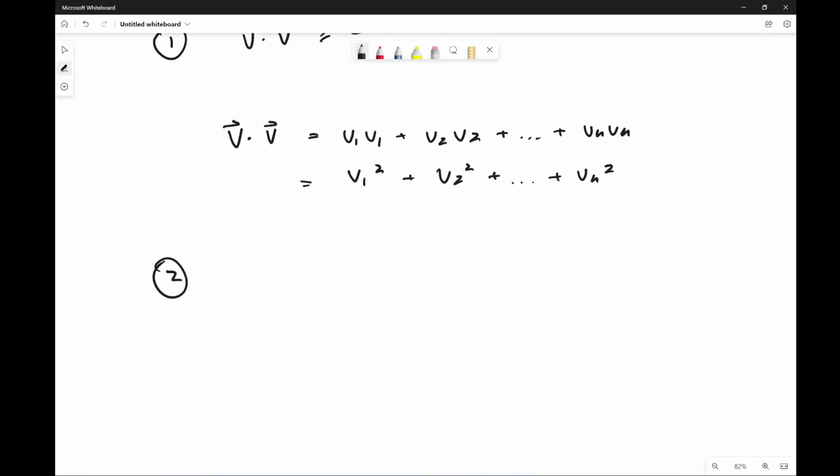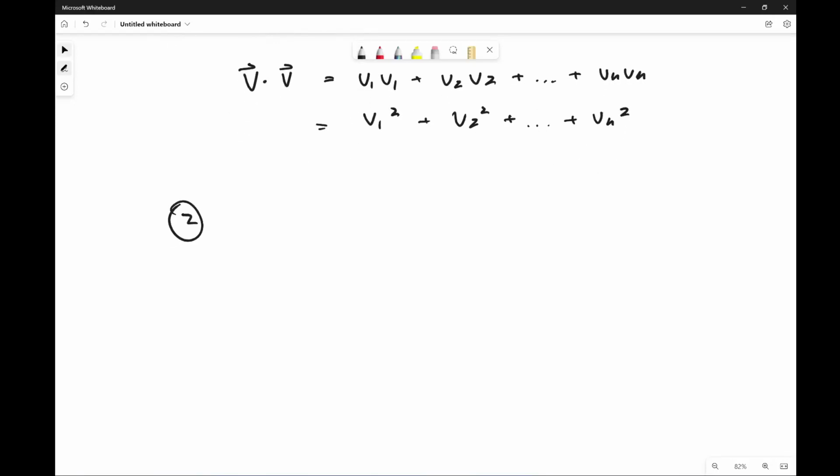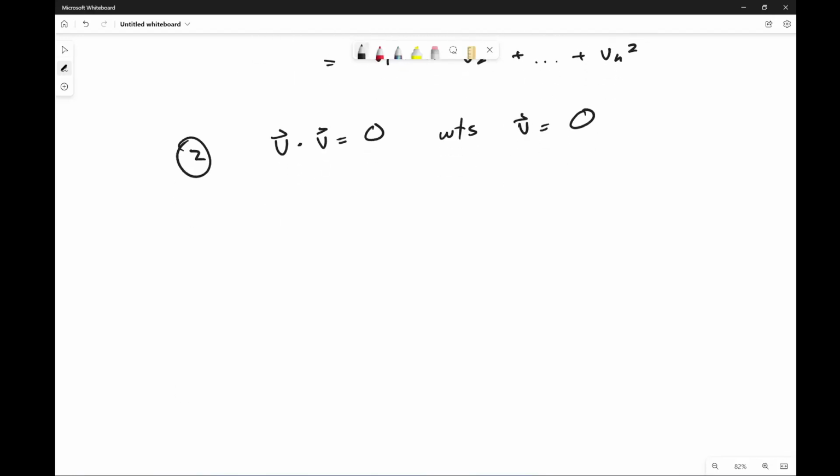The second property is that if V dot V is equal to 0, we want to show that V is equal to 0. This is pretty similar to the one above. So you can pause the video if you want to try it again. But I'll do it.